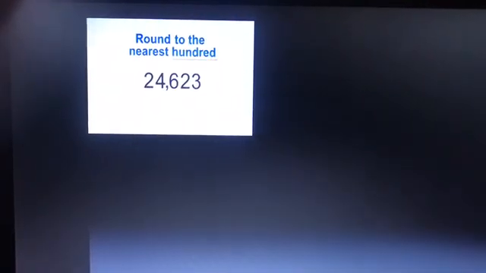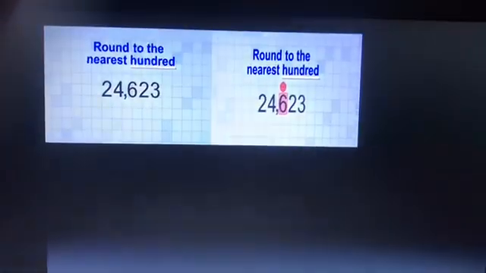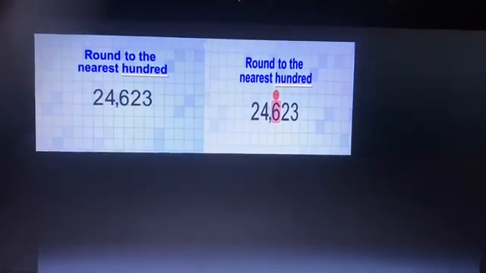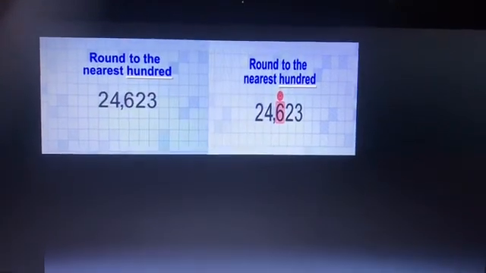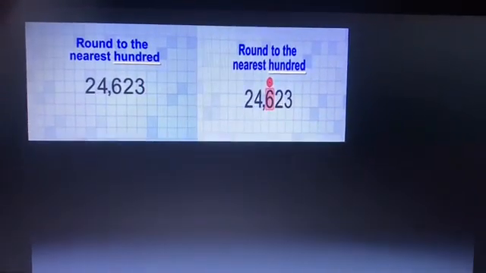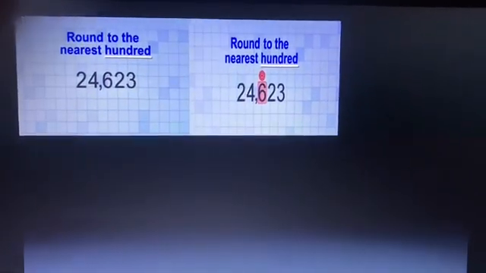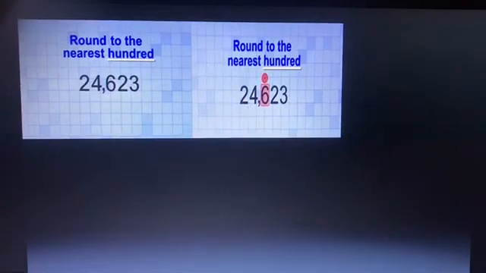Round to the nearest 100. The question is 24,623. Now, what is our target digit? 6. Why? Because we have to round off to the nearest 100. So 6 is at the hundreds place and we keep 6 as our target.